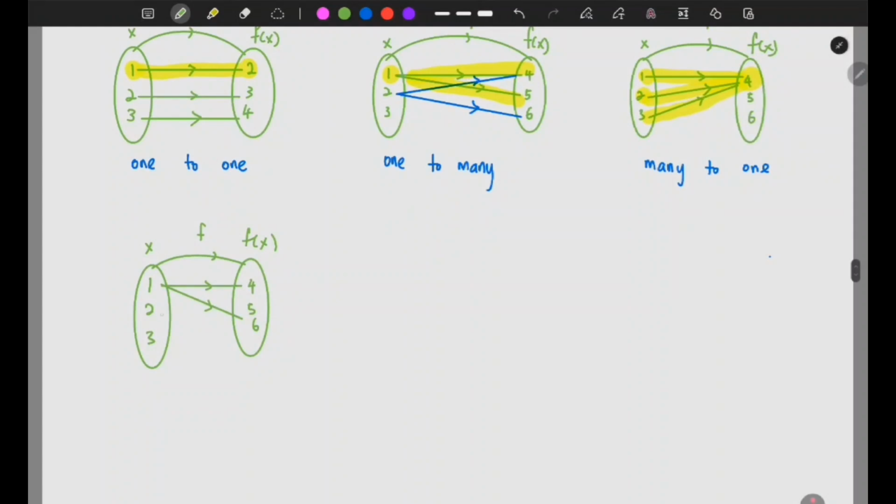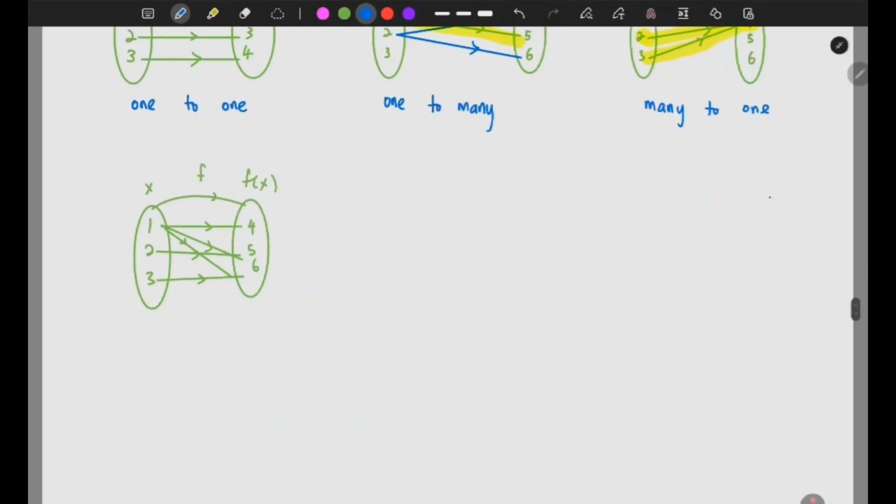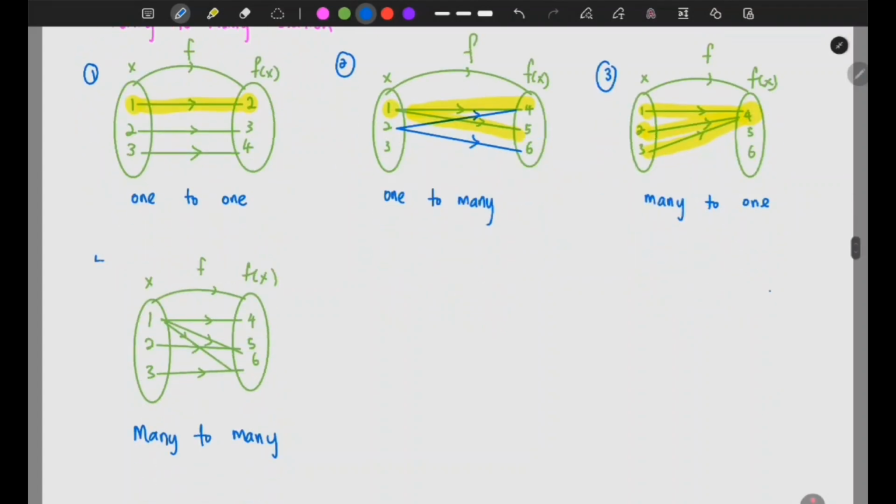At the same time, it can be here to here. It's like a lot. 3 to 6. You can see it's like many to many. 1 to 2, 1 to 6. It's a lot, right? So here's a lot, here's also a lot. So what we call many to many. So there are 4 types of relation: 1 to 1, 1 to many, many to 1, and lastly many to many.